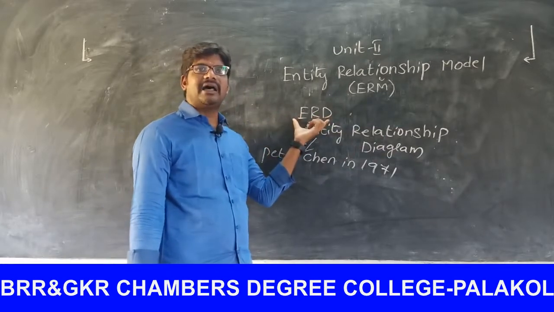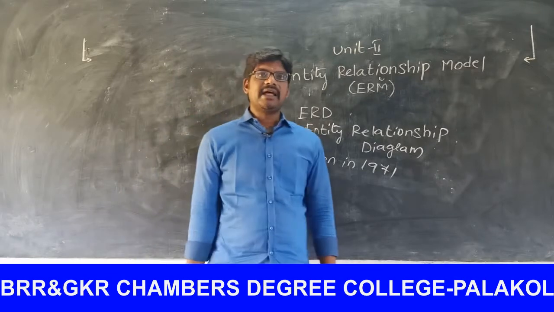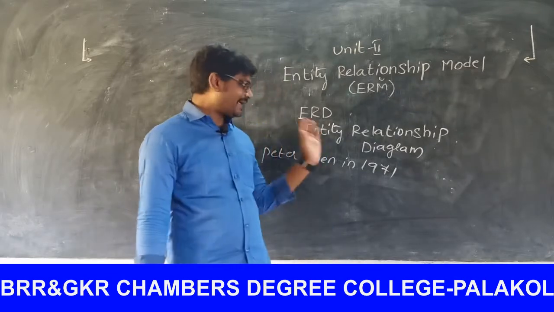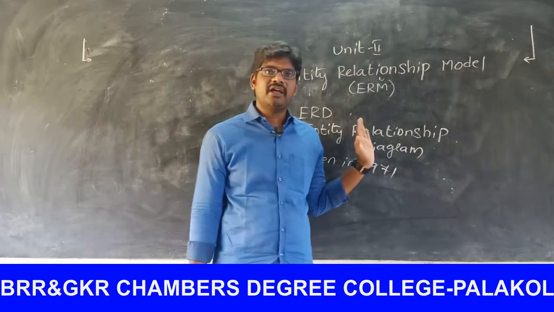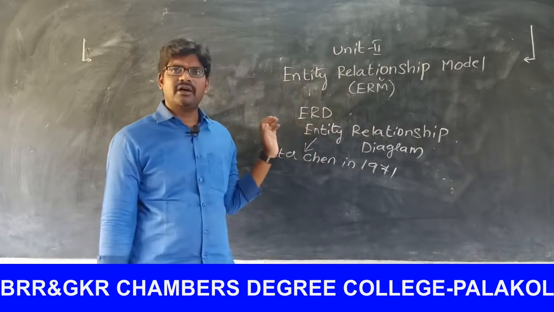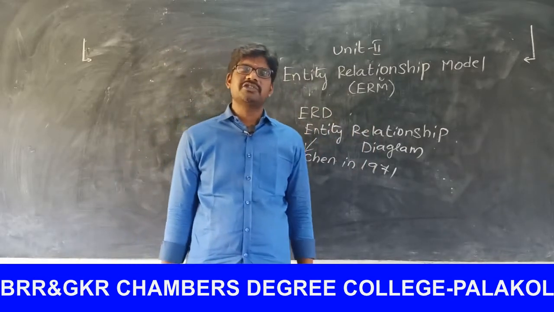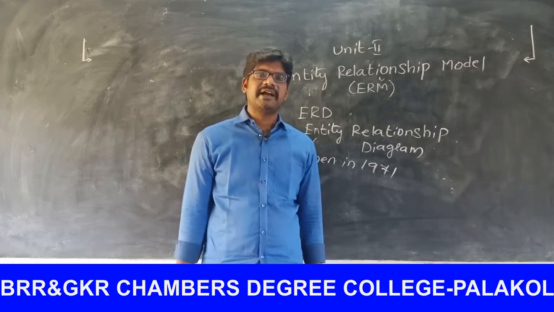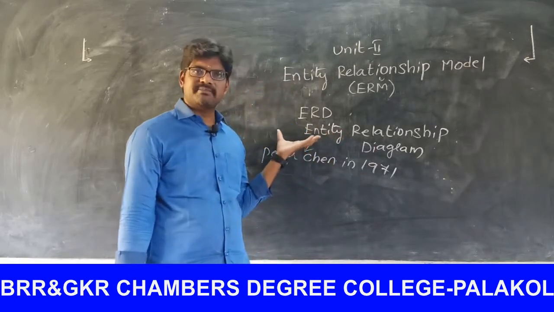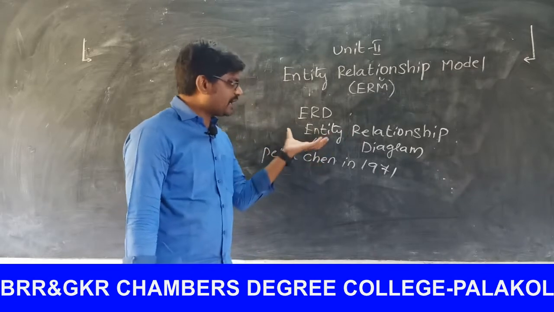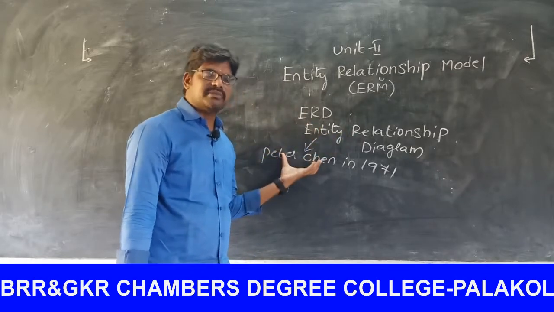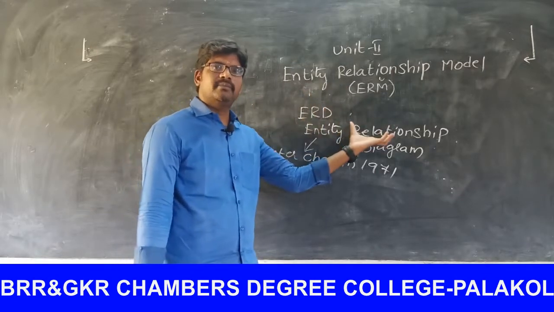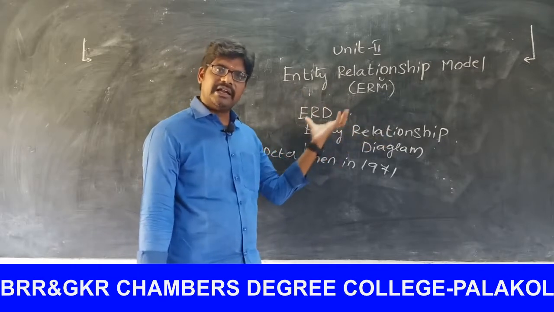An ER diagram looks like a flowchart. You already know about flowcharts. A flowchart contains a number of symbols, and all these symbols have some meaning. In ER diagrams we also have symbols for entity, attribute and relationship.